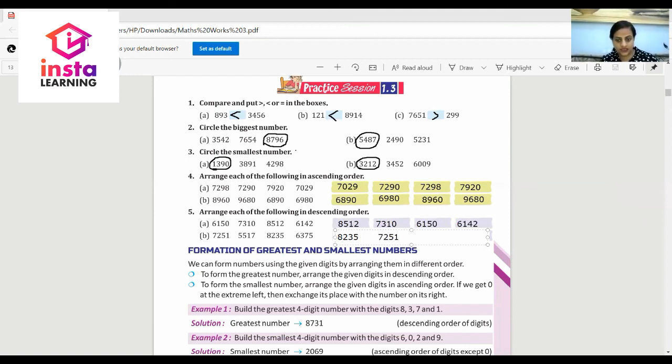Next is 6,375, it is so simple because no other number is there. Now the last number, and that is the smallest of all, is 5,517. This is the smallest of all, and we are going to write it at the last block. Okay, students?